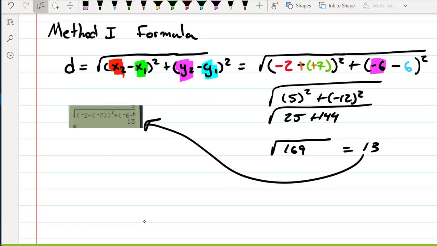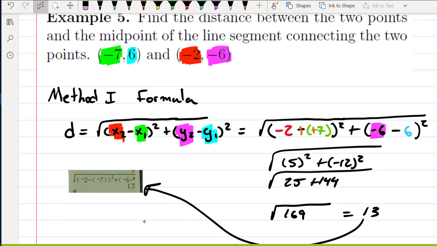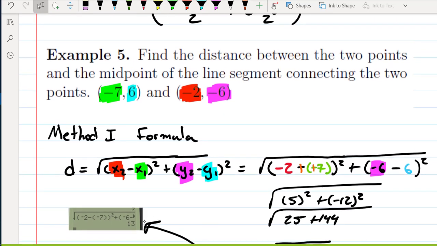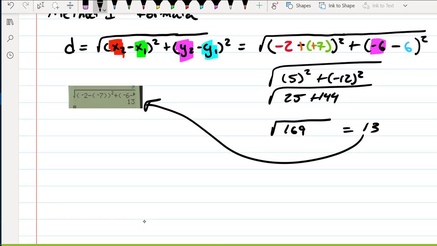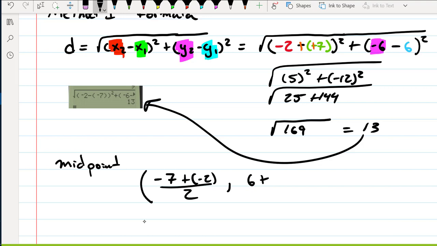So then, to find the midpoint, our formula for the midpoint says we add up our x and y coordinates and divide by 2. So to do our midpoint, we would have our x1 is negative 7, plus our x2 is negative 2 over 2, comma, our y1 is 6, plus our y2 is negative 6 all over 2.